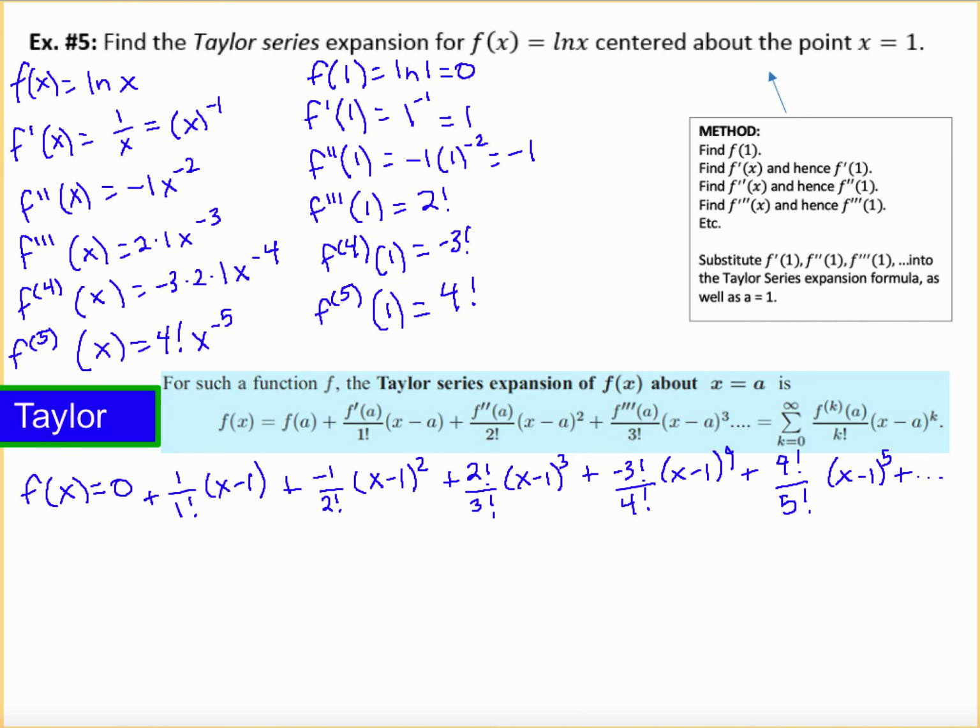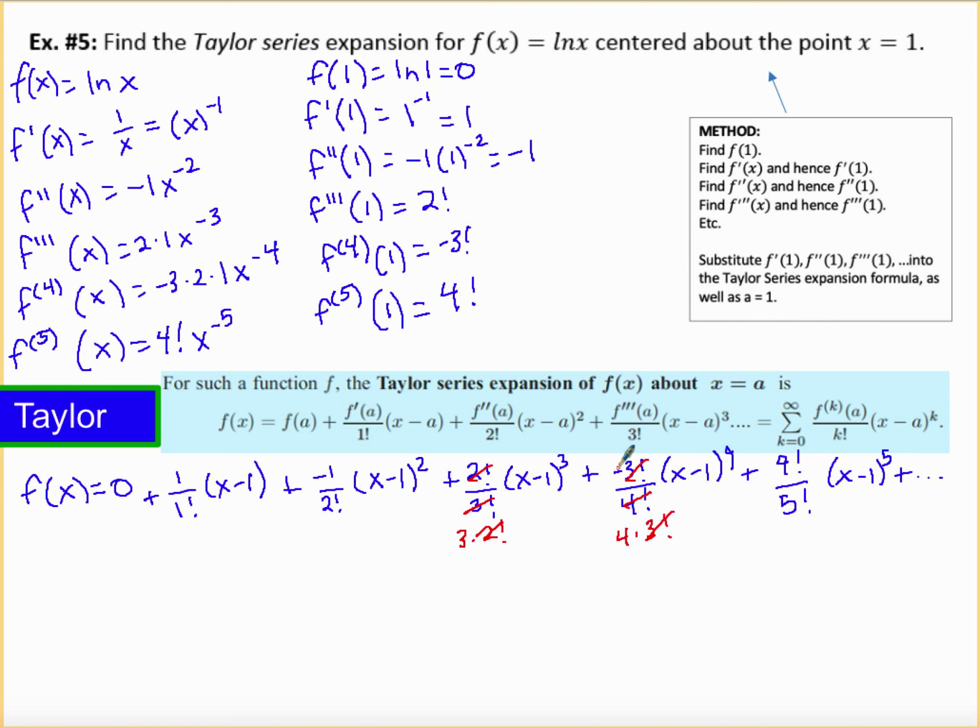So let us simplify a bit here. 2 factorial divided by 3 factorial. Remember, 3 factorial is really 3 times 2 factorial, and the 2 factorials will cancel out. 3 factorial divided by 4 factorial, well, 4 factorial is really 4 times 3 factorial, and the 3 factorials cancel out.